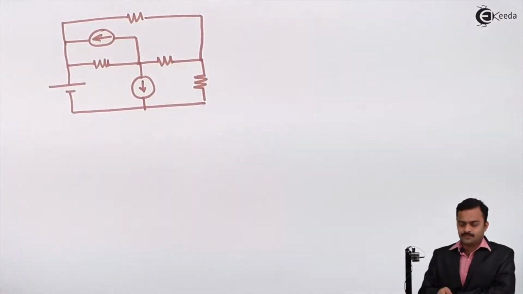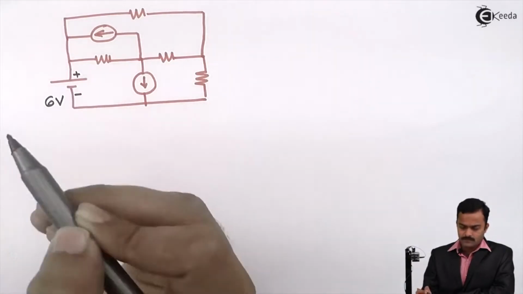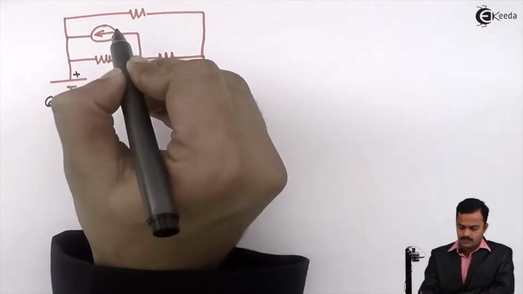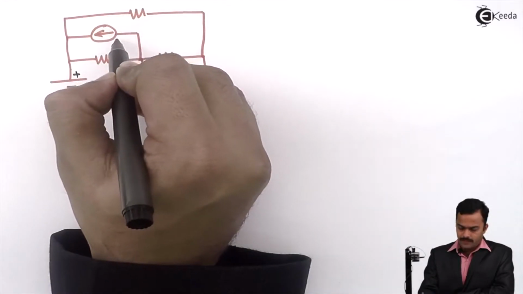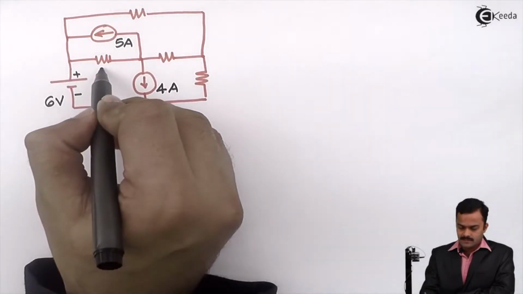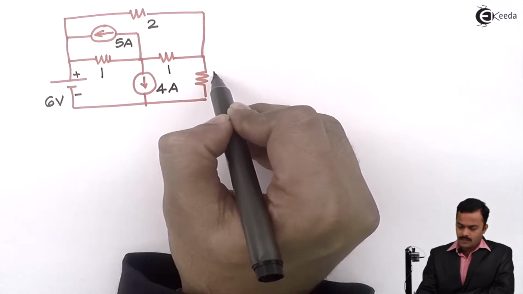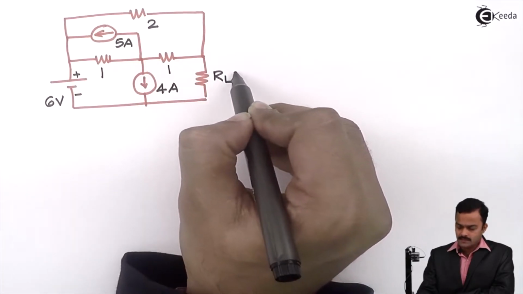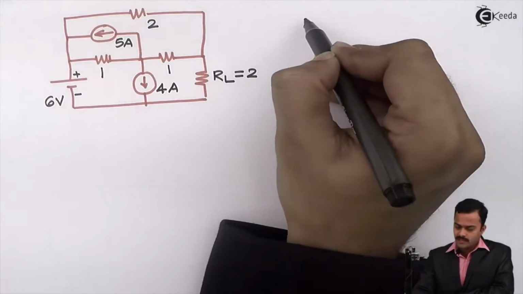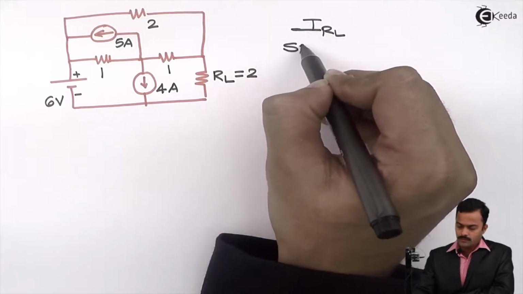In this circuit we are having a voltage source of 6 volt, current source 4 ampere, one more current source of 5 ampere is given along with resistances 1 ohm, 1 ohm, this is 2 ohm, and here it's the load resistance having value 2 ohm. Objective is to get current flowing through load resistance using superposition theorem.